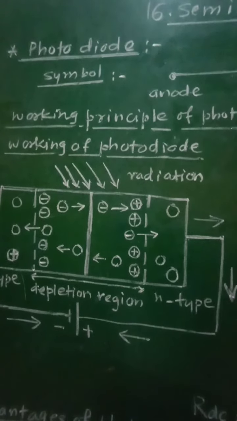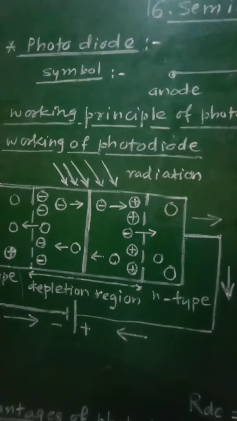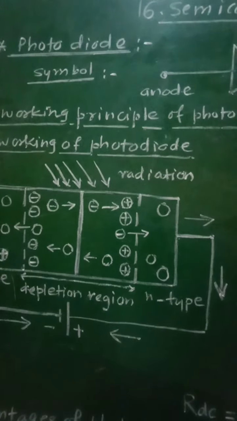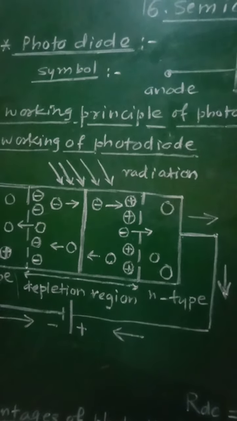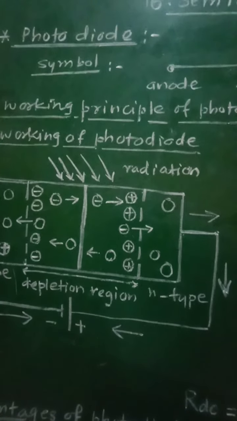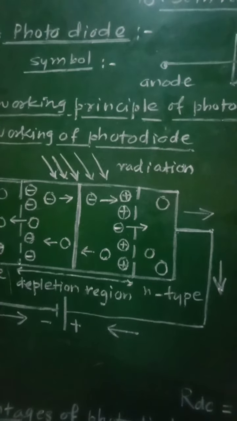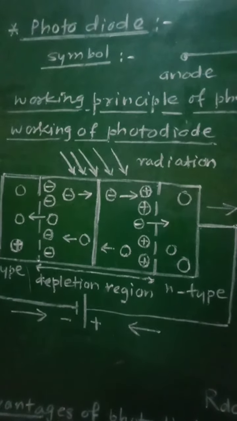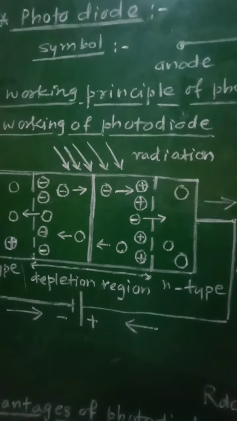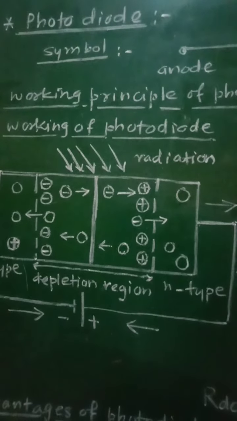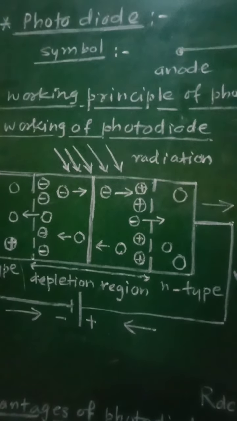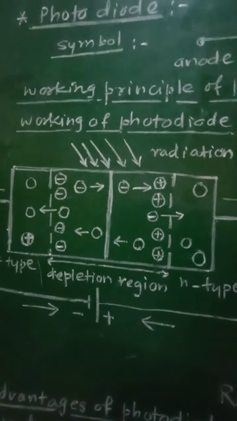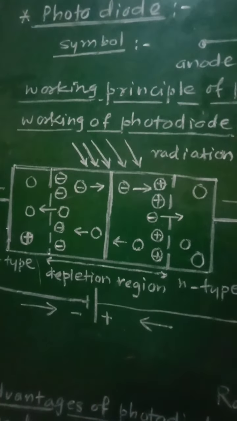The reverse current depends only on the concentration of the minority carriers present on both sides and it does not depend upon the applied voltage. So the reverse current in case of photodiode depends upon the concentration of the minority carriers present on both sides and it is independent of the applied voltage.